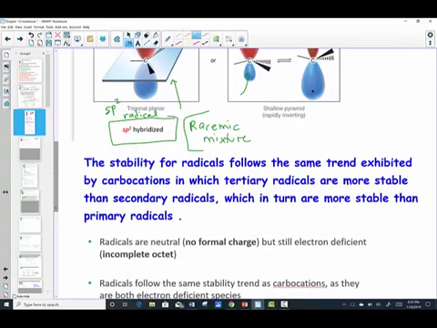So that means everything we studied earlier about stability of a carbocation is going to follow the same rules for the radicals. The stability for radicals follows that same trend exhibited by carbocations. So tertiary radicals are more stable than secondary radicals, which in turn are more stable than primary.